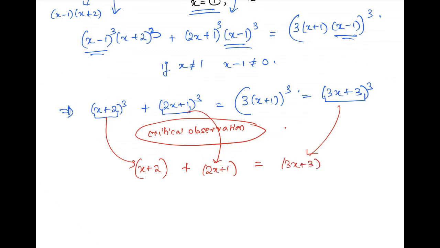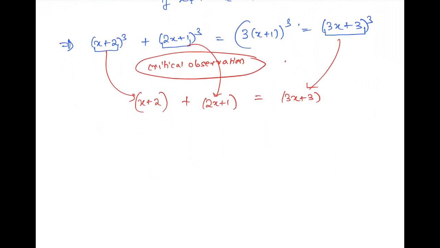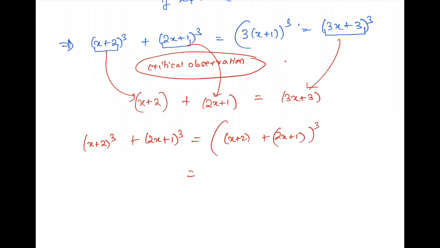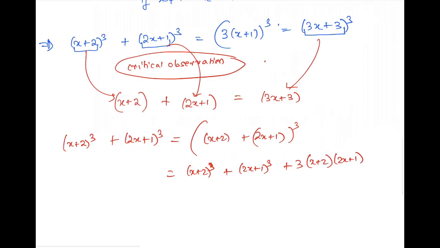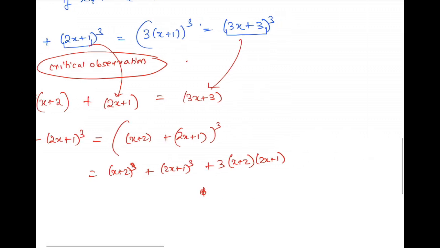So we can exploit this particular result and write it like this. (x + 2)³ + (2x + 1)³ equals ((x + 2) + (2x + 1))³, and we can use the (a + b) whole cube formula to expand this. So (x + 2)³ + (2x + 1)³ plus 3 times (x + 2)(2x + 1) times ((x + 2) + (2x + 1)).